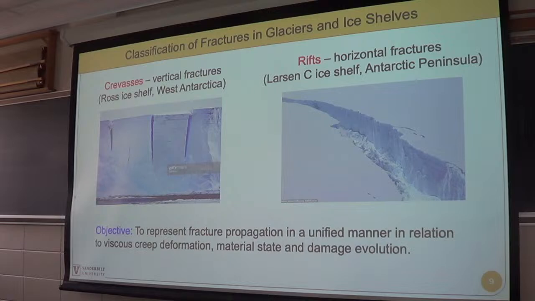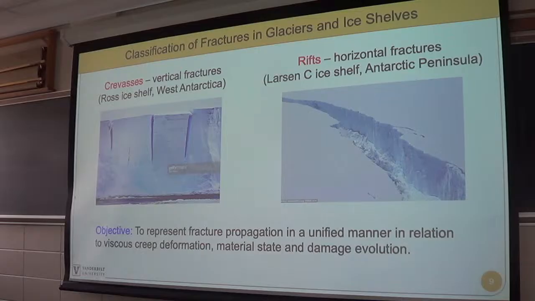It's a 3D fracture in a sense, where when the fractures propagate from the top of the ice and they reach the bottom, then they form a full depth fracture, and then when they start propagating in the length direction, they become a rift. So we need a unified three-dimensional model that can also account for the fact that ice is a creeping solid.